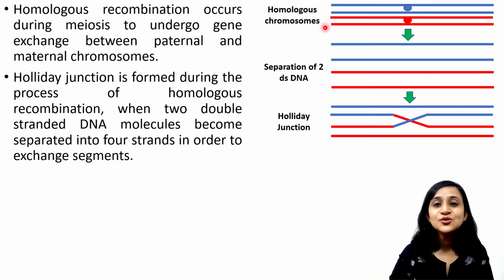So these two are homologous chromosomes. One is the blue one, another is the red one. One is the paternal chromosome, one is the maternal chromosome. Now we know that each chromosome contains a double-stranded DNA.